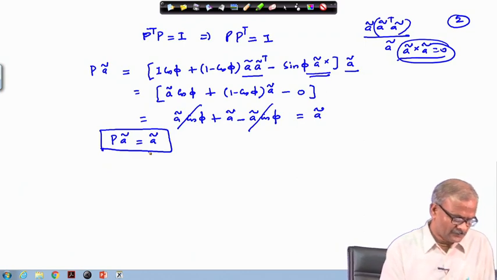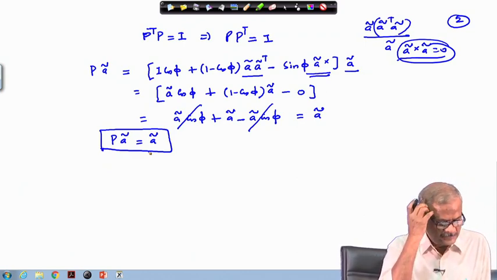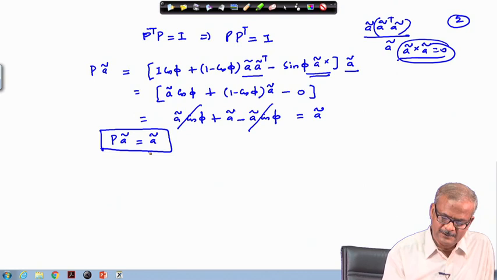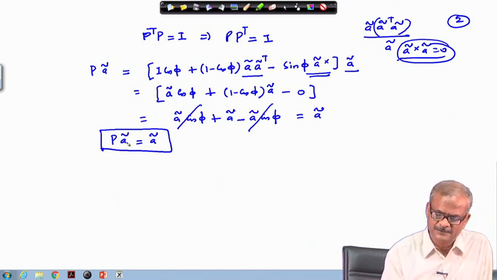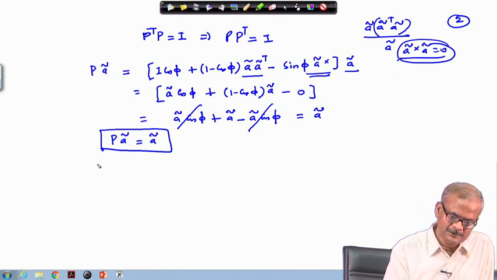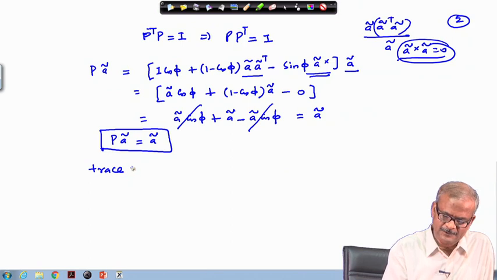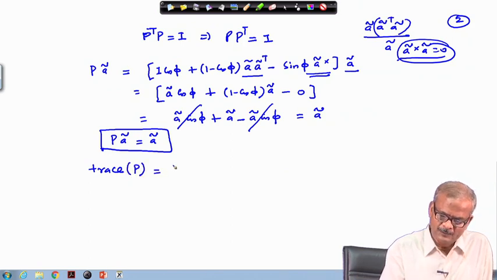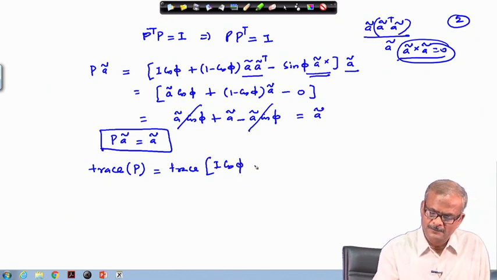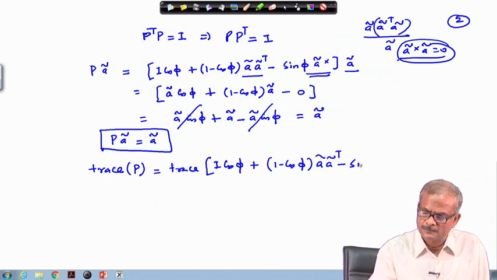Now the last thing we need to find out is that the trace of this P matrix is indeed the trace of the C matrix that we have used earlier. We have written two properties, and for the last one, the trace of P is the trace of I cos phi plus 1 minus cos phi A tilde A tilde transpose minus sin phi A tilde cross.